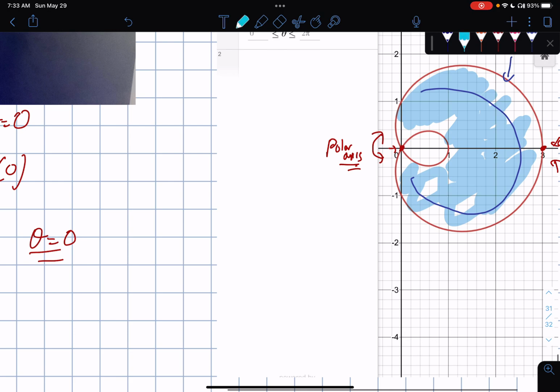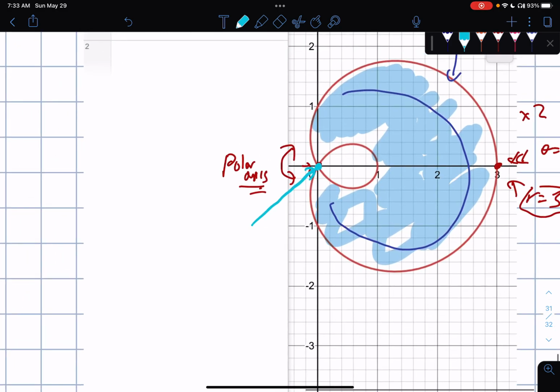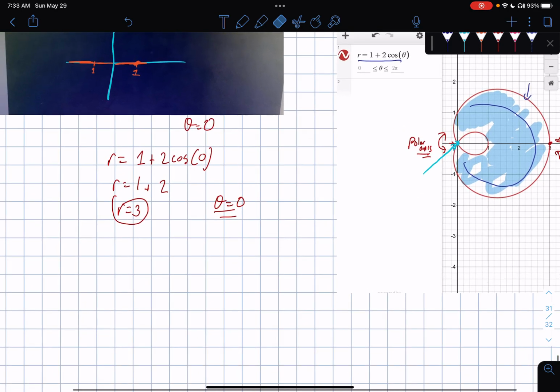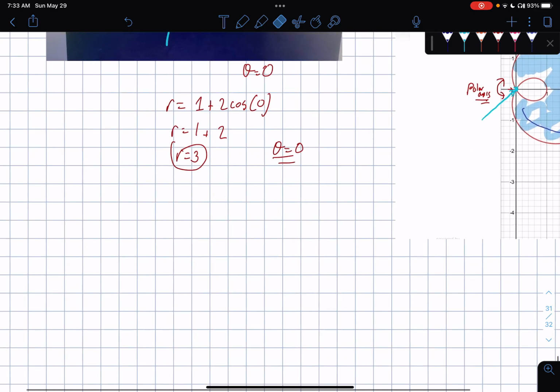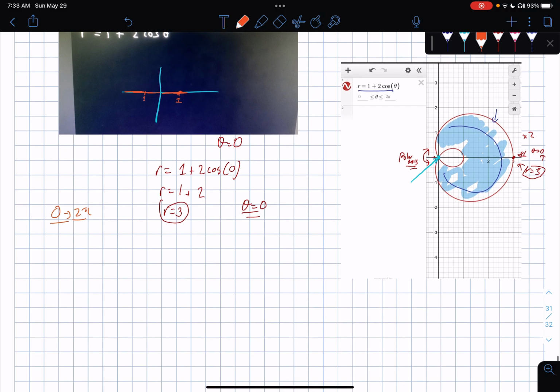And now we want to find this coordinate, what theta is here. Notice that the curve crosses it here first, then it does a loop-de-loop and goes back there. So we should get 2 coordinates there. In reality, it's actually an infinite number of coordinates, but from 0 to 2 pi, we should get only 2 coordinates. So let's find them.